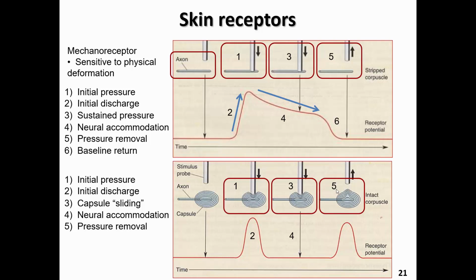Now, one notable feature here is that when the external probe is removed, so it's moving back upward, we see that there's an axon discharge once again from that removal. And that removal essentially will create a vacuum or a suction, if you will, by pulling it up.